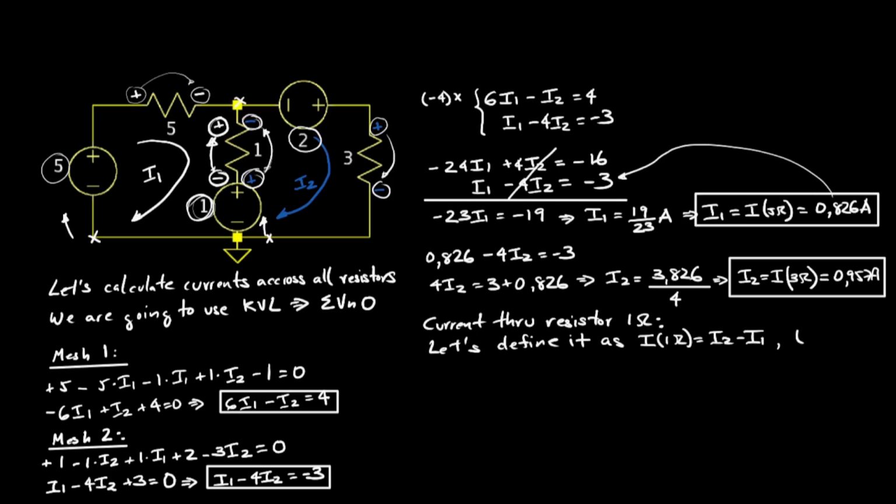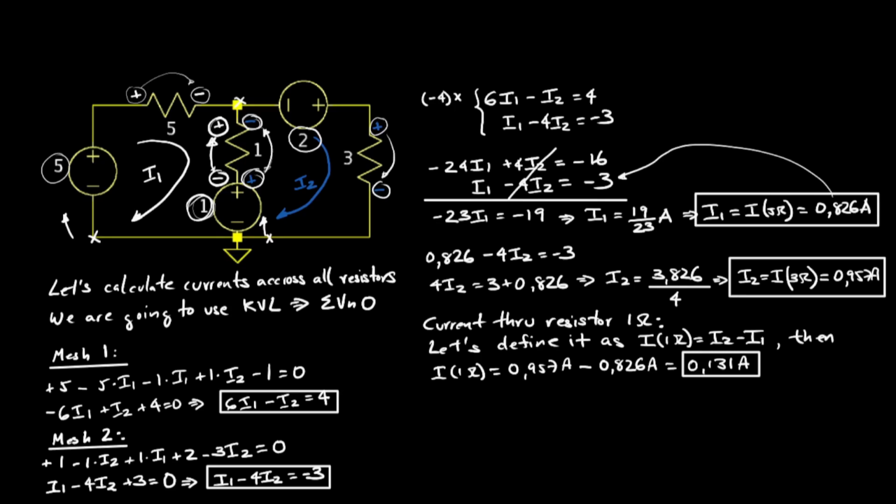But the current going through the 1 ohm resistor is the resulting current I1 minus I2 if we define it that way, or you could define it as I2 minus I1. In this case, I defined the current through the 1 ohm resistor as I2 minus I1, and if it turns out to be positive, it means that the current across the 1 ohm resistor is going the way I2 goes.